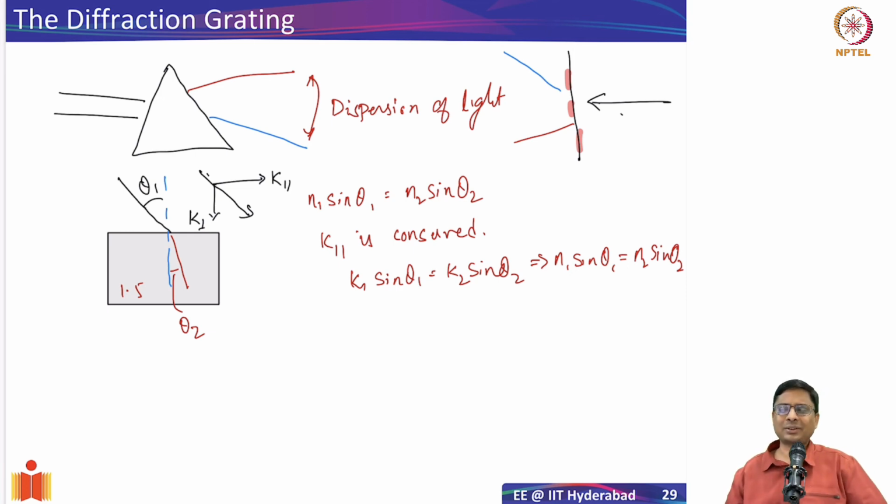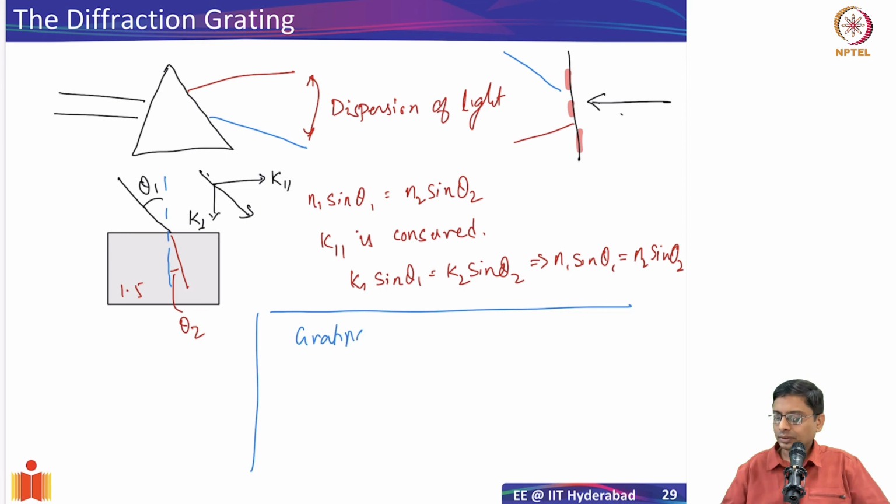This is background. So now what happens if you have a grating? In a grating, the momentum conservation should still hold, but now, just like with the boundary conditions, the difference in the momentum should be equal to the grating vector.